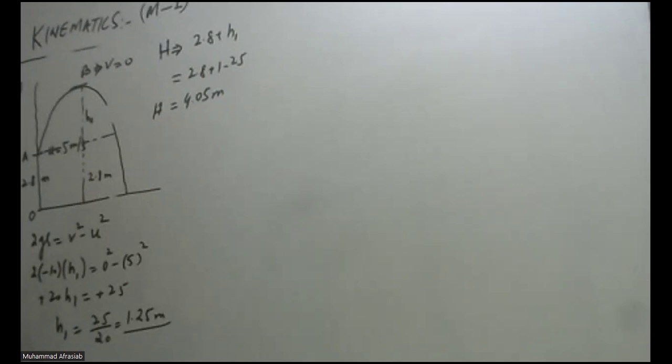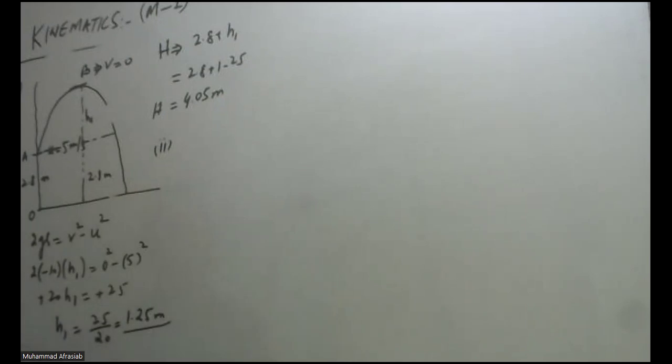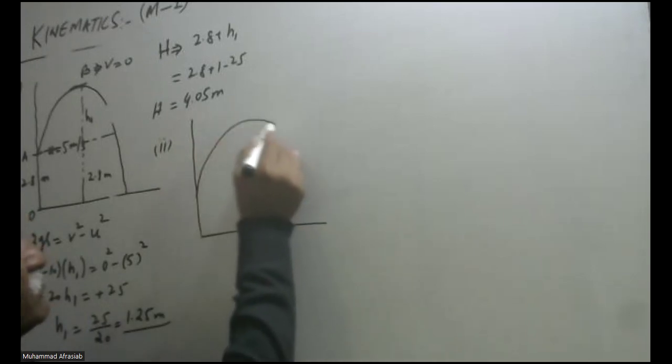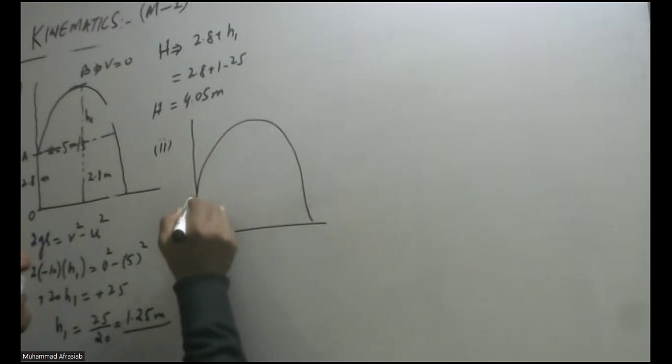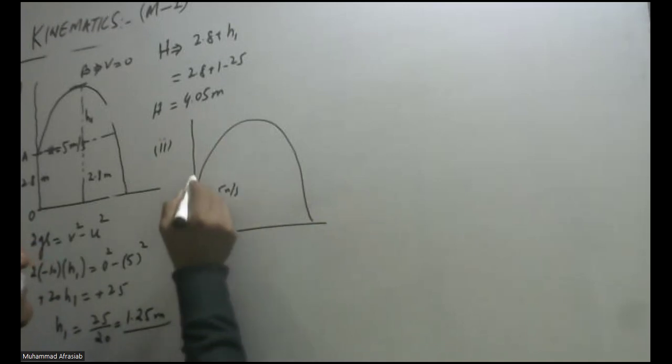In the second part of this question, they ask to find the total time taken by the particle P when it is at a height of more than 3.6 meters from the ground. So when we draw the figure again, here u is equal to 5 meters per second.